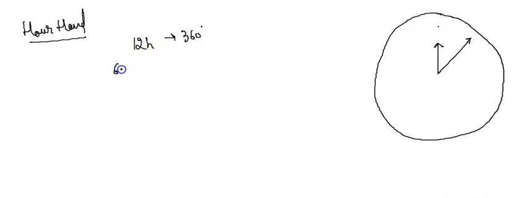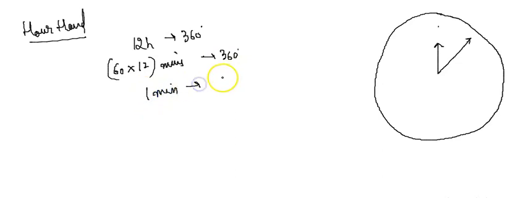It will be 60 into 12 minutes. In this many minutes, it will cover 360 degrees. So what will be the angle traced in 1 minute? It will be 360 degrees divided by 60 into 12, or you can say 1 by 2 degree, half a degree. This will be the angle traced in 1 minute.